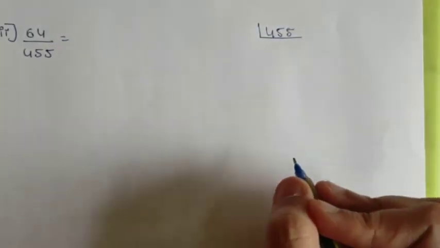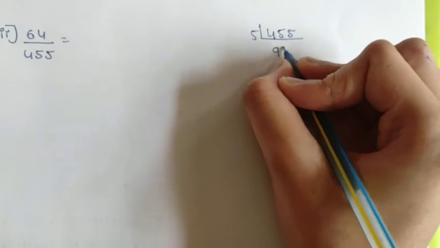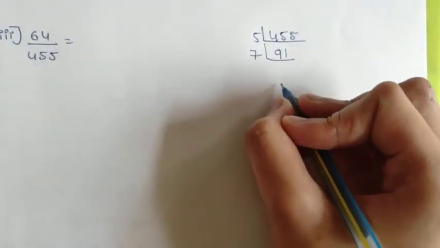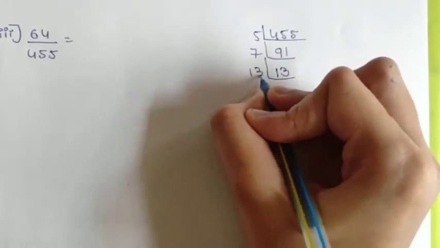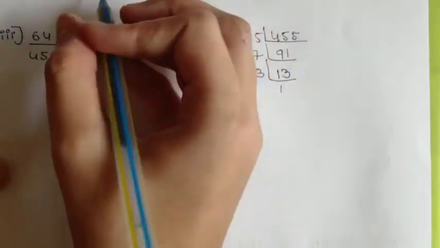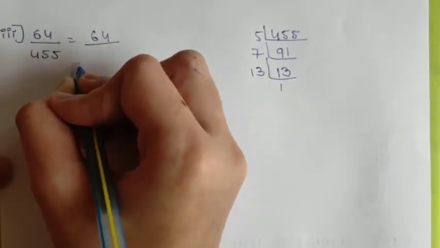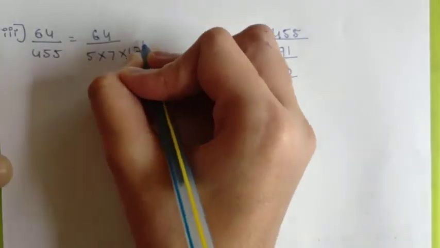This 455 is divisible by 5, and here we get 91. This 91 is divisible by 7, and we get 13, and 13 ones is 13. So the prime factorization of 455 we can write as 5 into 7 into 13.